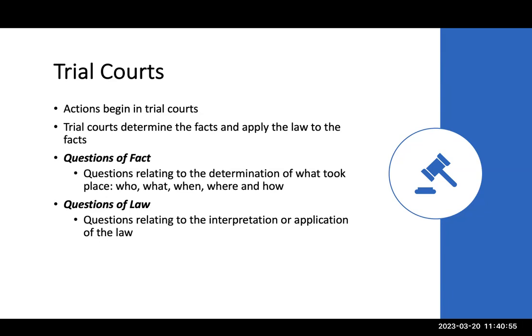So the question of fact would be, did it happen? How did it happen? The question of law is, is there sufficient force to rise to the level of robbery? And also there's an issue regarding the admissibility of evidence.